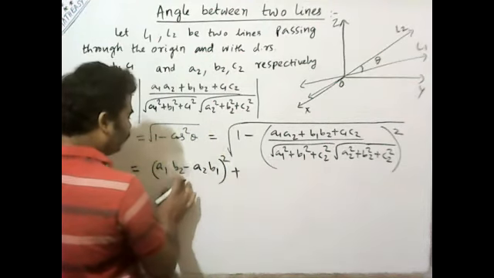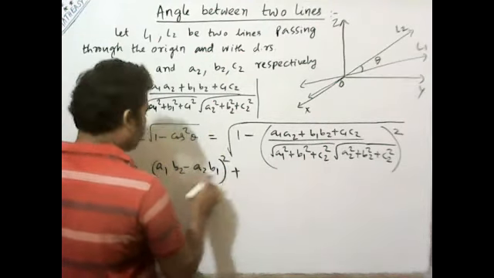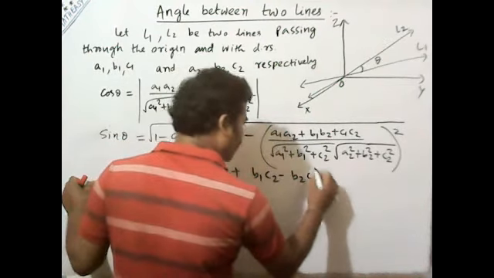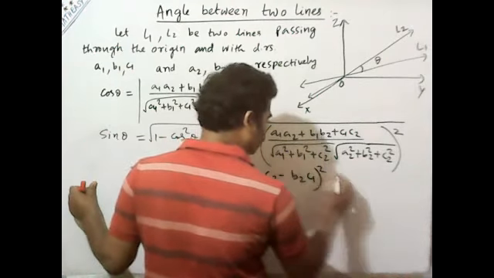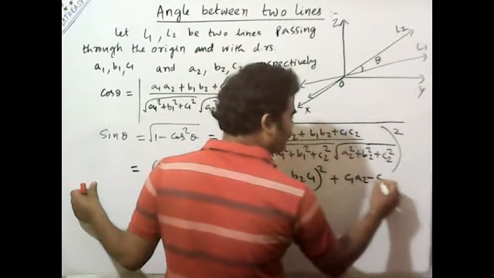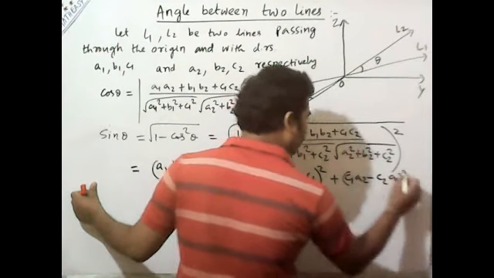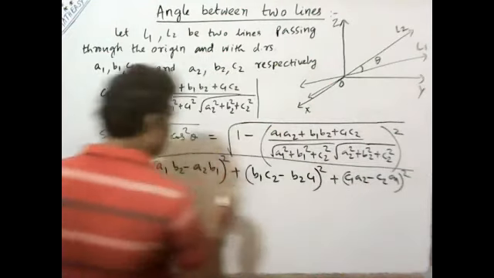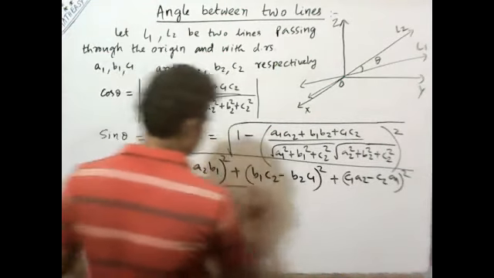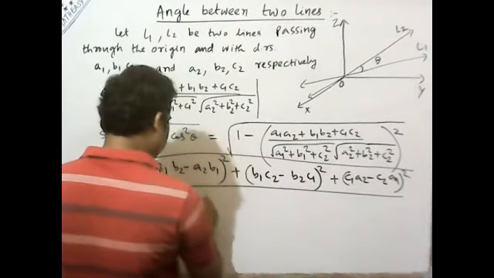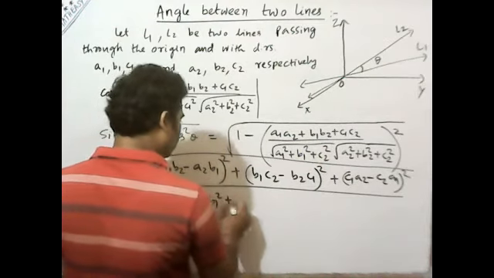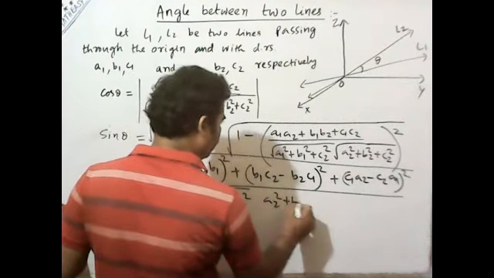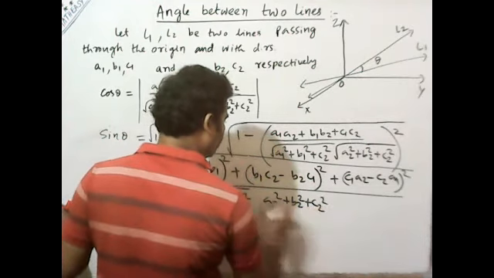The root of A1 B2 minus A2 B1 whole square plus B1 C2 minus B2 C1 whole square plus C1 A2 minus C2 A1 whole square, divided by the root of A1 square plus B1 square plus C1 square, and the root of A2 square plus B2 square plus C2 square.